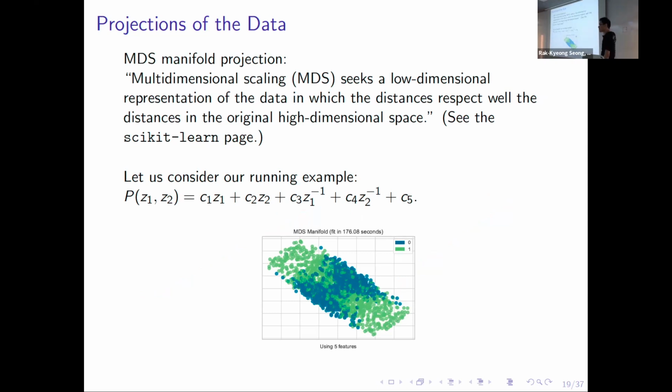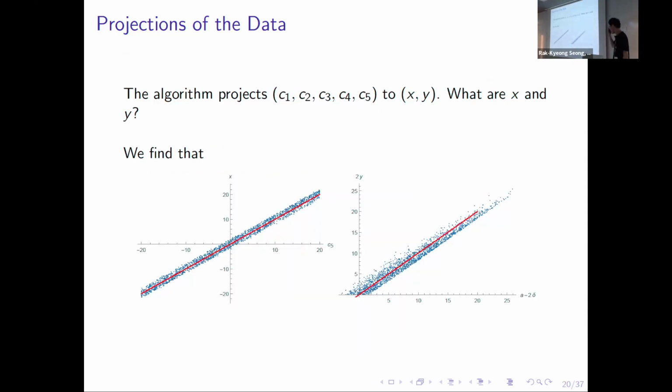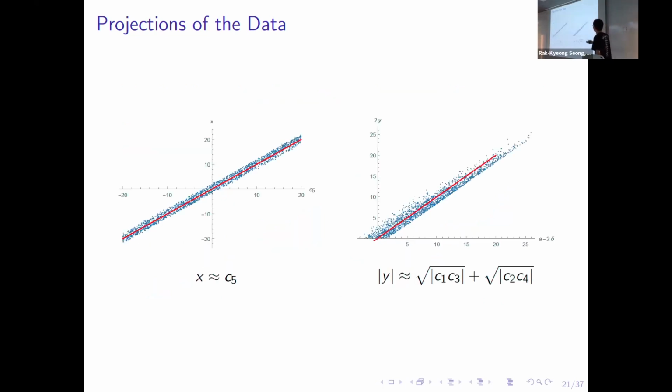For x, it's actually relatively easy to find. You just fit the points, and you find in terms of the coefficients that it's basically given by C5, the constant coefficient. So here the red line is x equal to C5, and then you plot these points, and you find that they distribute along this line.